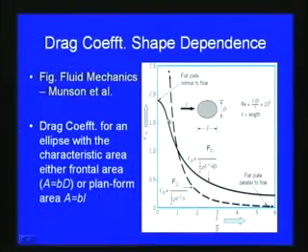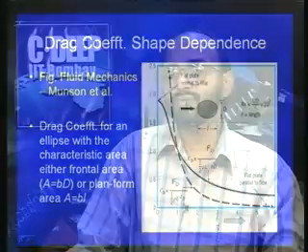Similarly, this figure shows an ellipse of this shape. You can see how the variation takes place. CD is equal to Fd by half rho u square B, depending on whether we take the platform area or the frontal area of the ellipse.